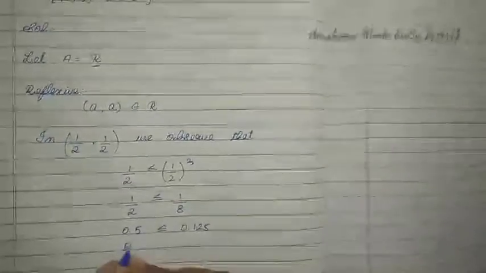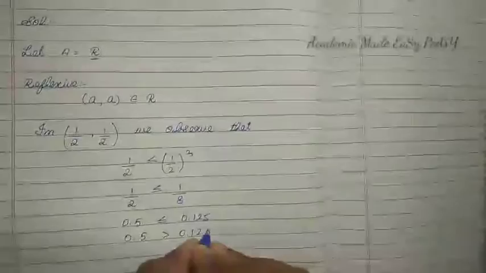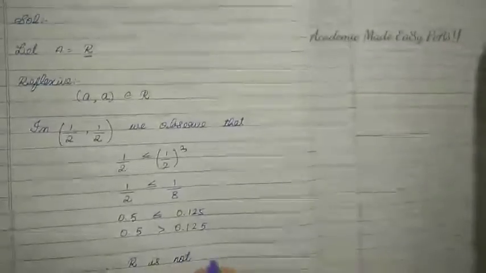Okay, so this is not satisfied. So 0.5 is greater than 0.125. Therefore, R is not reflexive. And A comma A does not belong to R.